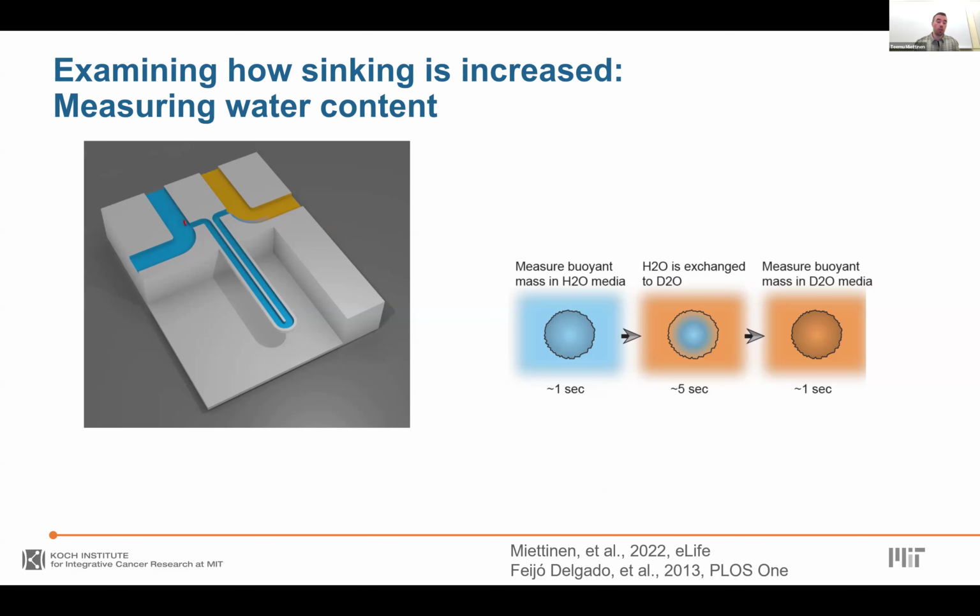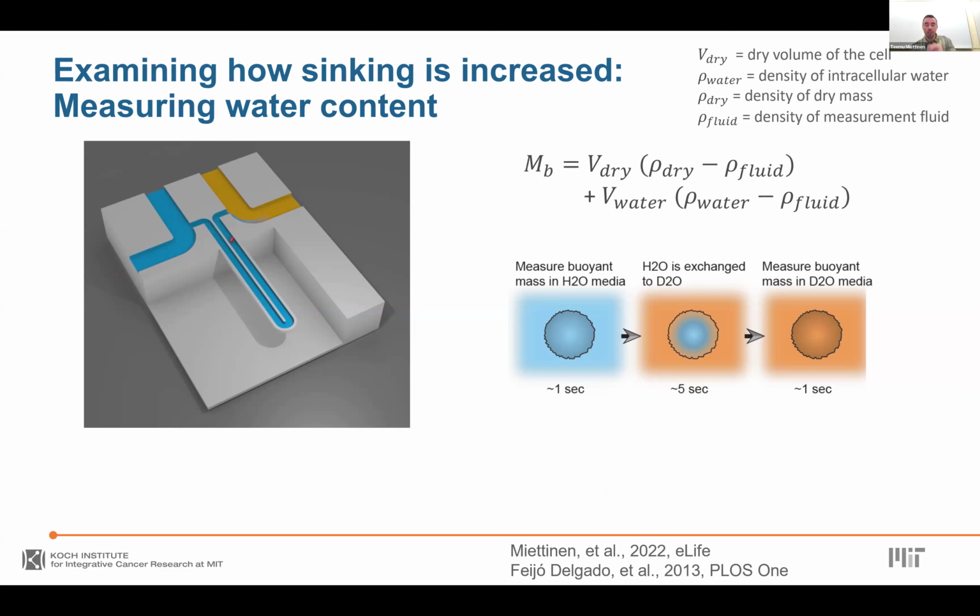So one thing we can do is weigh our cells in normal media, essentially L1 media based on artificial seawater, but we can make that into heavy water, D2O. And heavy water exchanges readily with the normal water inside the cell, so we'll get two buoyant mass measurements where in one of them, the cell is surrounded by heavy water, so it's dense media, and the water inside the cell has changed too. And the other one is just normal water.